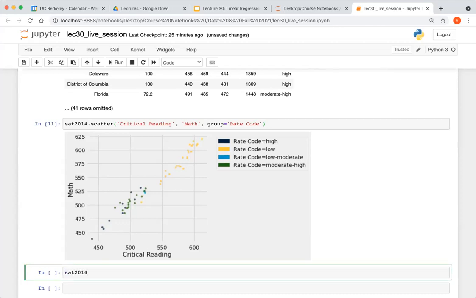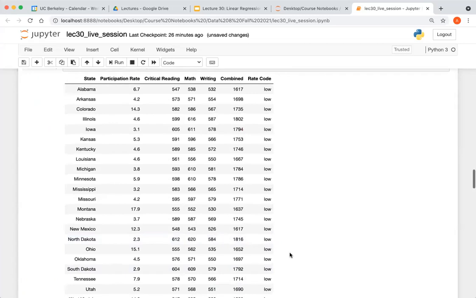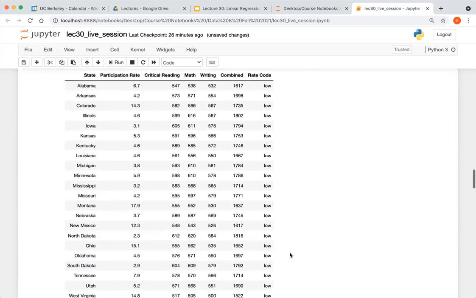And so what is very interesting, I think, is to see who had the low participation rates. And why don't we take a look at who those are? These are the states with the low participation rates. Okay, Alabama, Arkansas, a whole bunch of these states.